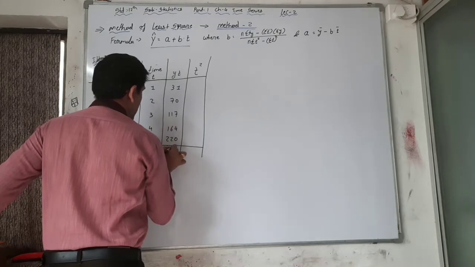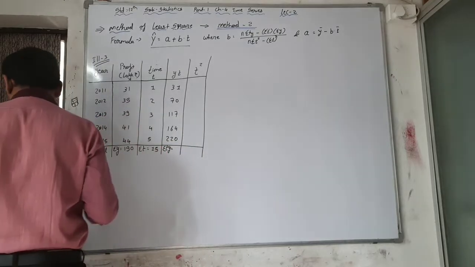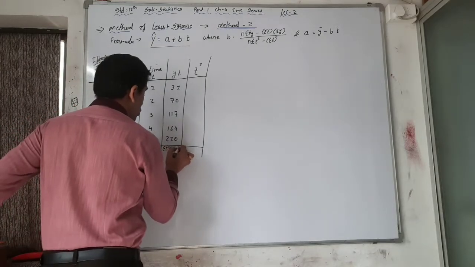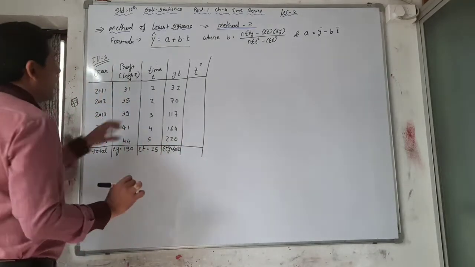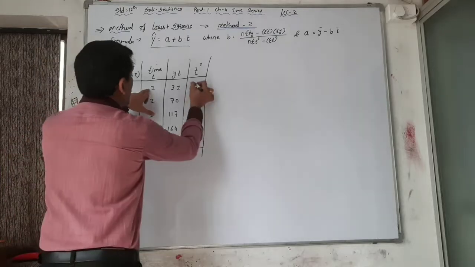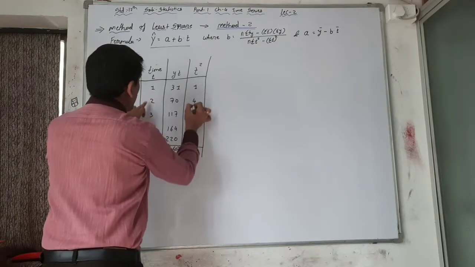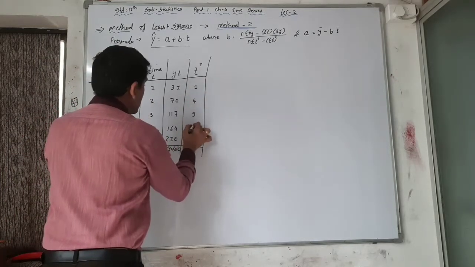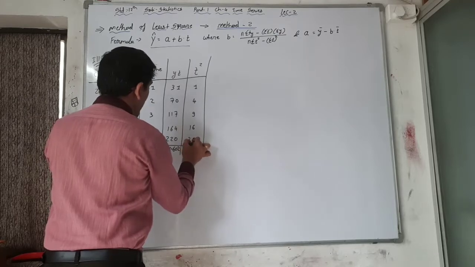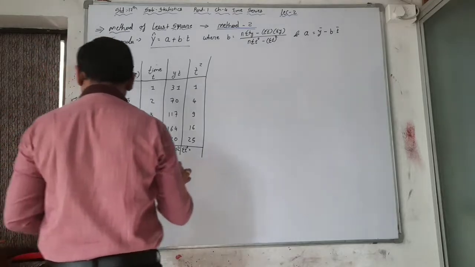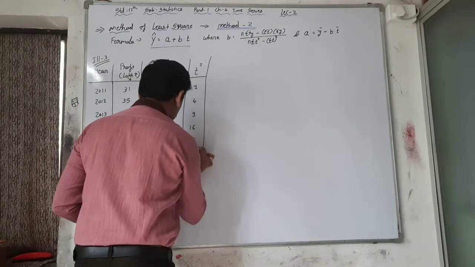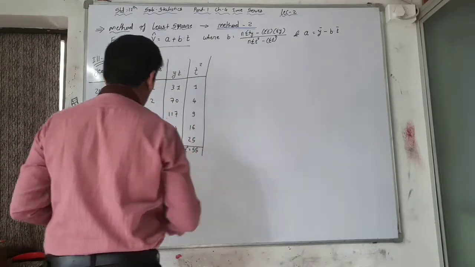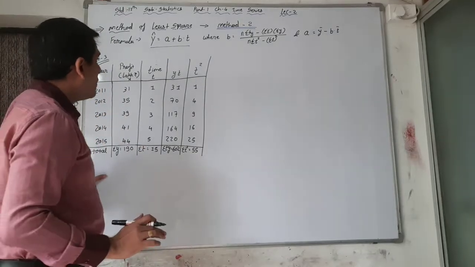So sigma ty is equal to 602. And t square: 1 square is 1, 2 square is 4, 9, 16, 25. Sigma t square is equal to 55. Okay, now all the columns are completed.